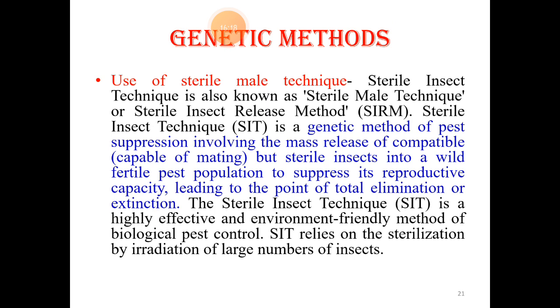It is also called the sterile insect technique or sterile insect release method. In this type of genetic control method, the sterility is induced in male insects. Understand? Male insects are selected to induce the sterility. Females act as vectors or carriers of diseases that cause the spread of the pathogens.